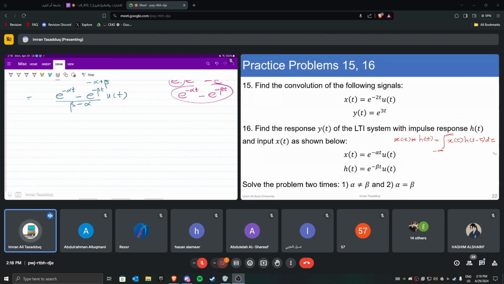Basically, either you do it this way, x of t is this, and h of t is equal to e to the power minus alpha t u of t.